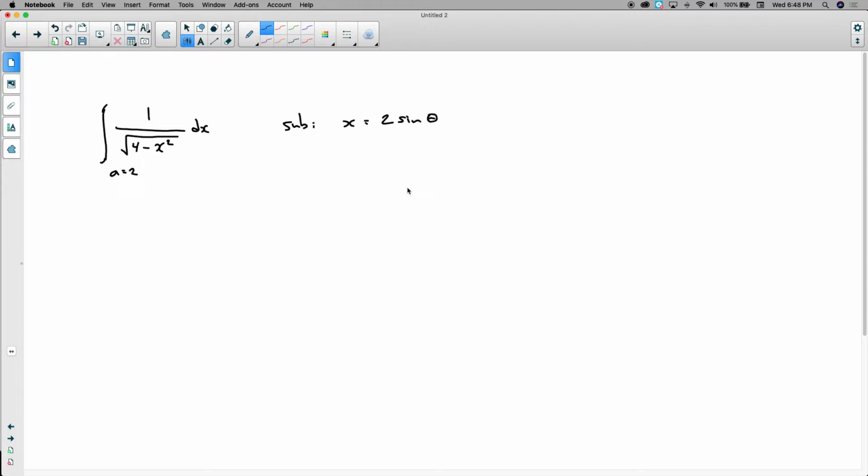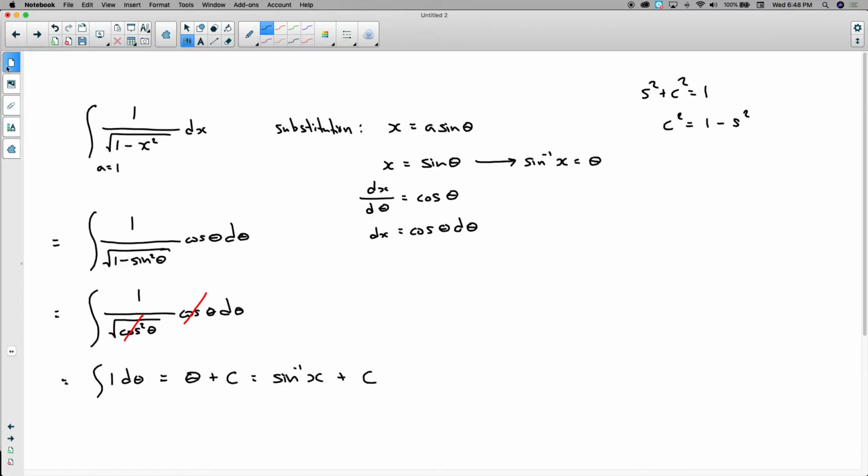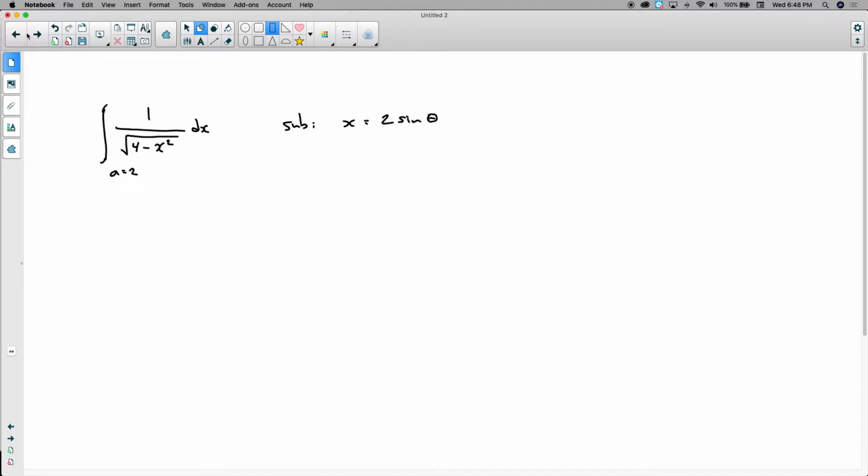So if you're looking for a key takeaway, this is a key takeaway. All right, so there's my substitution, and then I roll out the process a second time, differentiating with respect to theta and isolating the dx and making the substitutions over here.